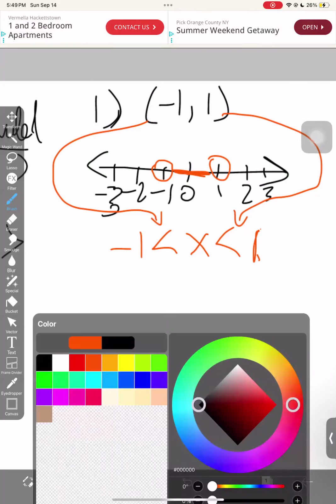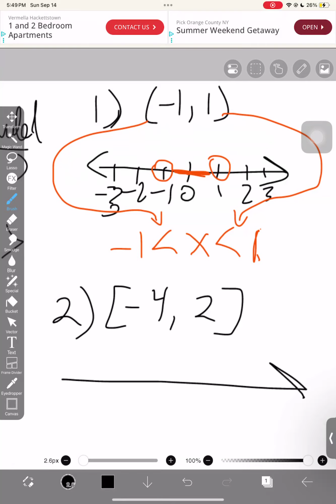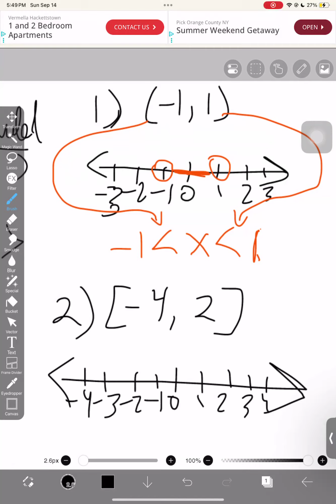However, let's look at example 2, where we have brackets -4, and let's say 2, close brackets. That means if we were to draw our line like this, what do we get? Well, we have 0, 1, 2, 3, 4, and we have -1, -2, -3, -4, right?